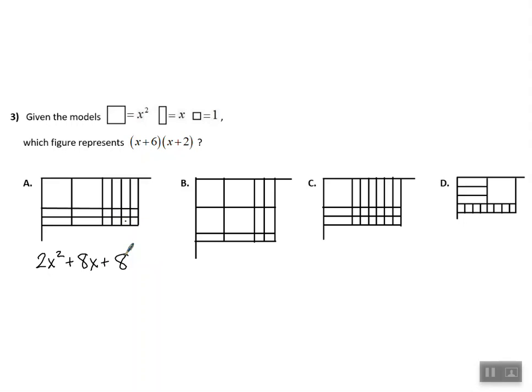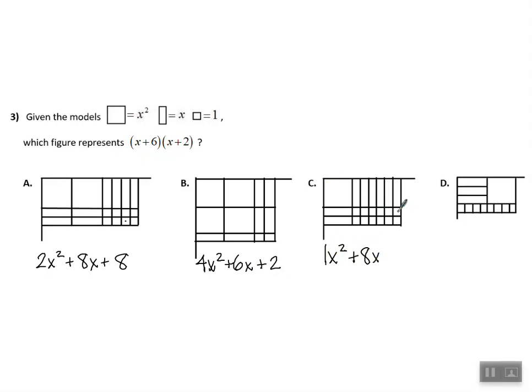If we look at choice B, we have 4 big squares, so we have 4x squared. We have 6 rectangles, so that is 6x, and 2 little squares, so that is plus 2. For answer choice C, we have 1 big square, so we have 1x squared. 8 rectangles, so that is plus 8x.